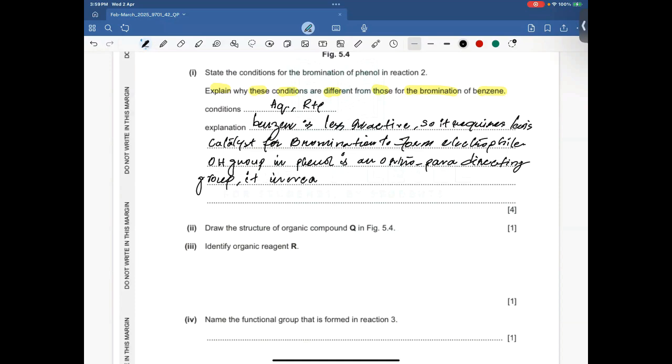It increases the reactivity of phenol and increases the electronic density on ortho-para position.